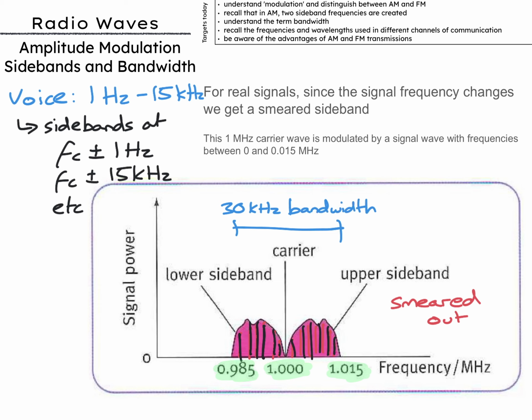So no matter what happens, the bandwidth will be 2 times the highest frequency present in the signal. By making the carrier wave frequency really high, we have made the bandwidth small relative to the actual frequency.